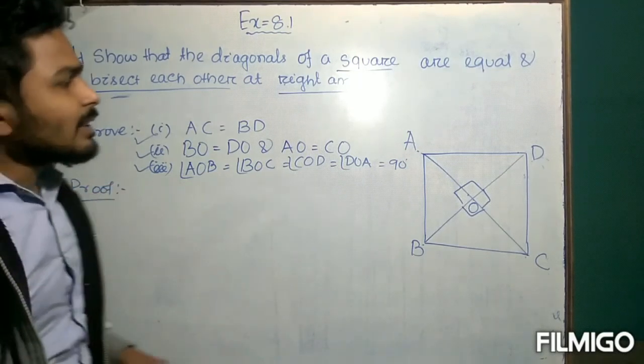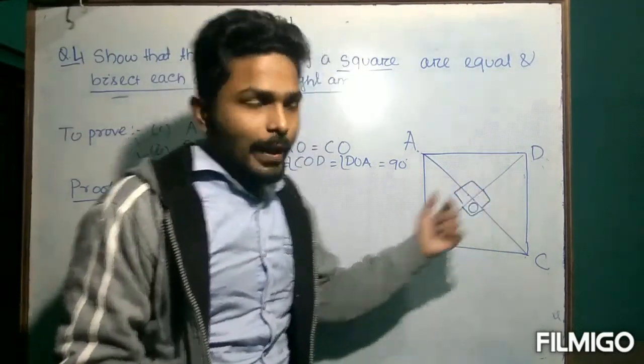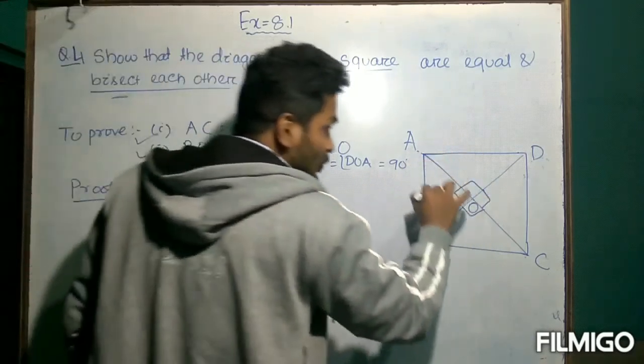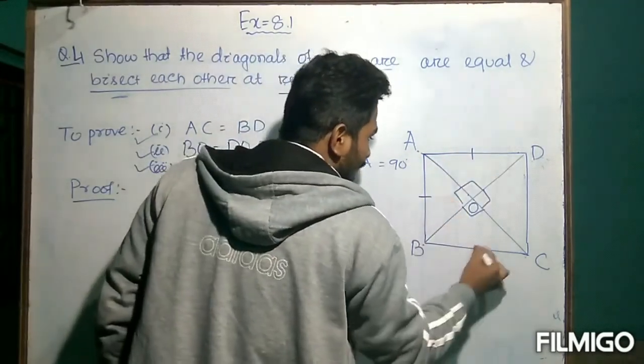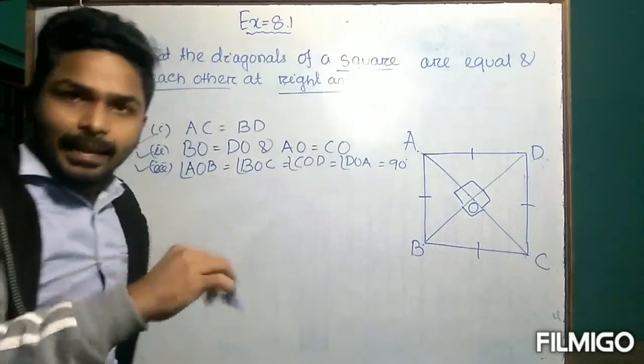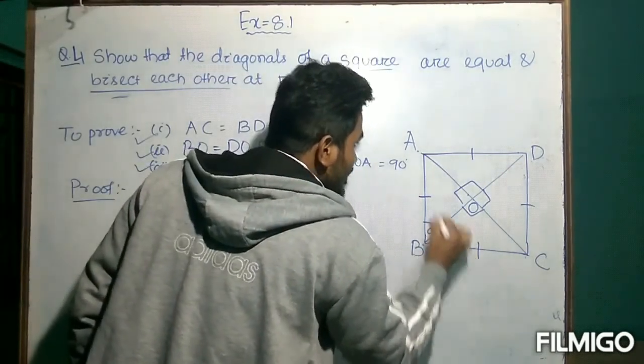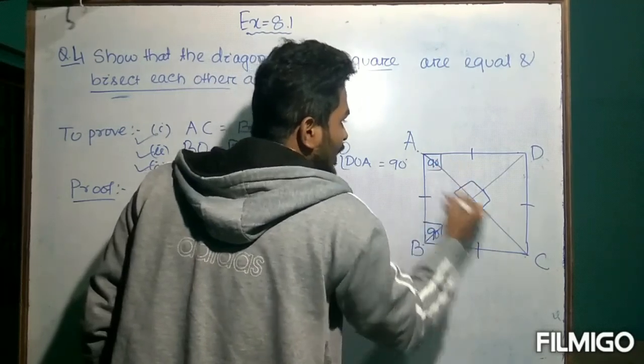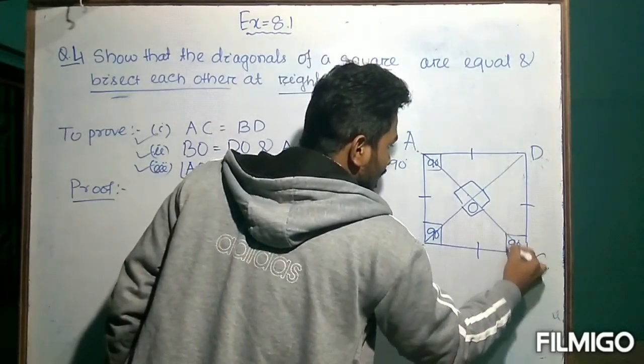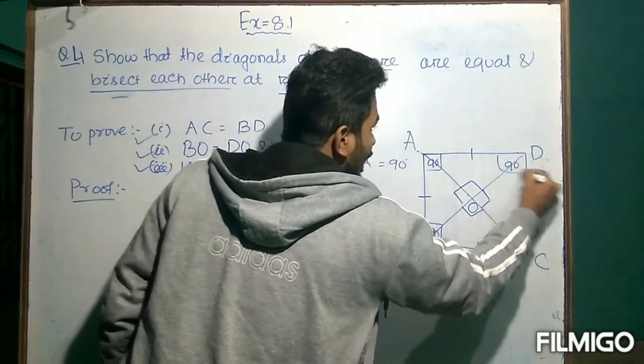Since it is already given, ABCD is a square. So since ABCD is a square, it means all the 4 sides are of equal length, and each angle is 90 degrees. We know it since it is a square.